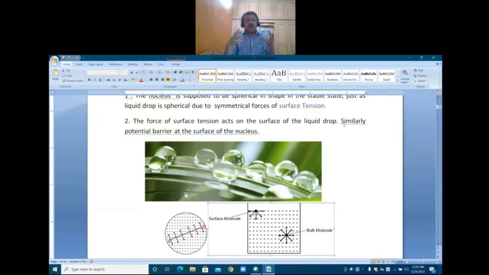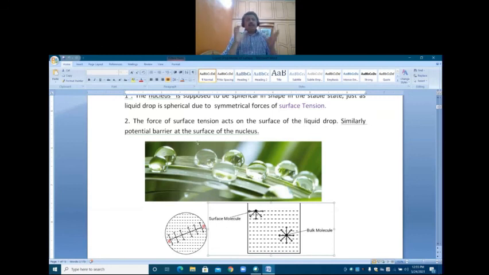So the nucleus is also in the stable state. The nucleus is spherical. As a water drop is spherical in shape in the stable state, the nucleus is also spherical. As the spherical shape of a liquid drop is because of the surface tension, forces of surface tension act on the surface and make the drop spherical.